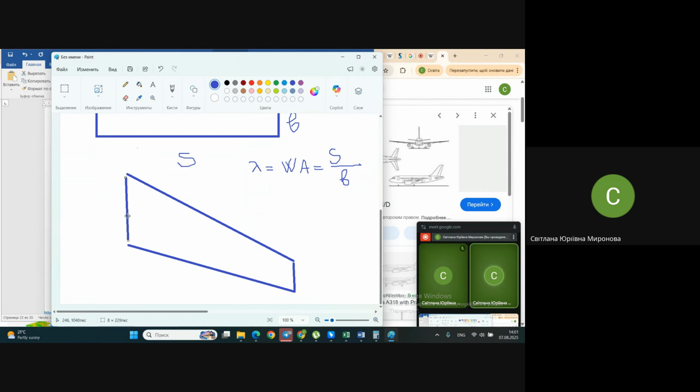How to find geometrically where this mean chord is? The area from one side of the mean chord and from the other side of the mean chord will be the same. And I remind you, it comes to half of the span.